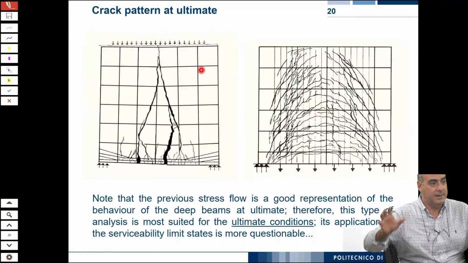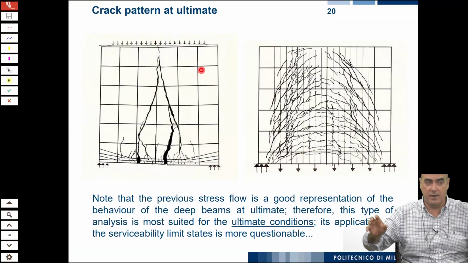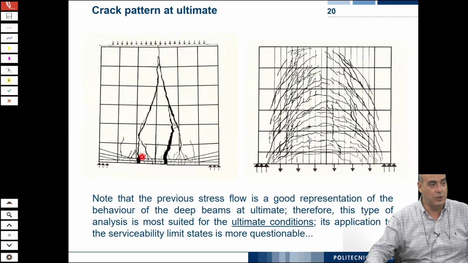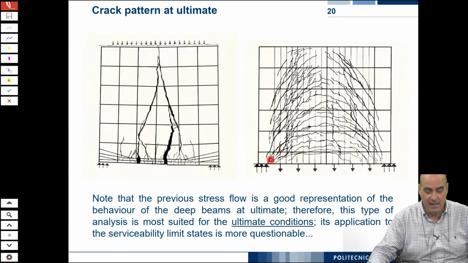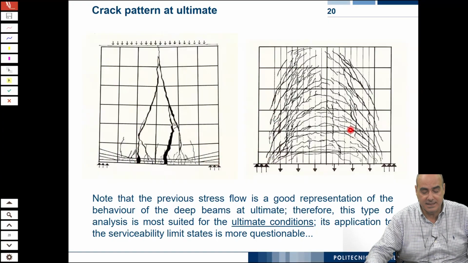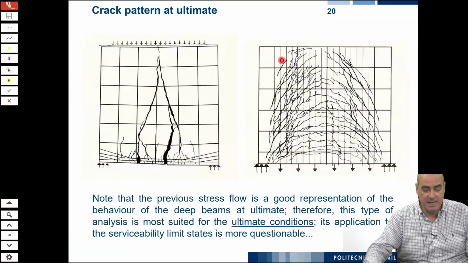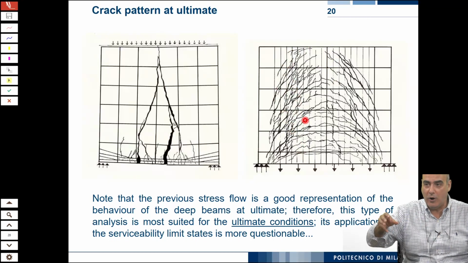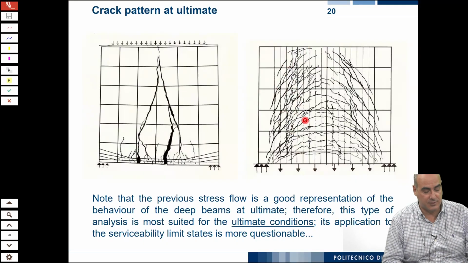These are the regions where the strut can form and work. And you have cracks orthogonal to the tensile stress field. You see here that you have this nice pattern of arch-shaped cracks. It means that you have tensile stresses orthogonal to these cracks, but the solid part of concrete between the cracks forms the arches, forms the strut.